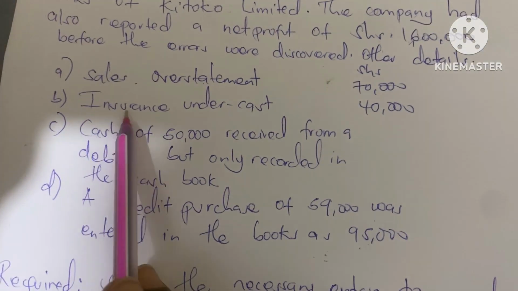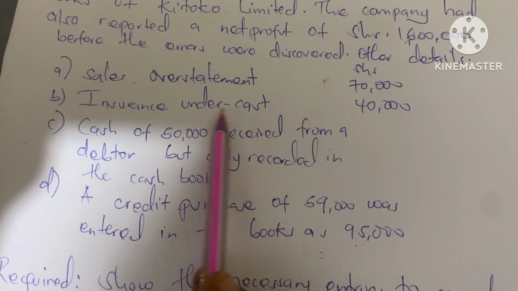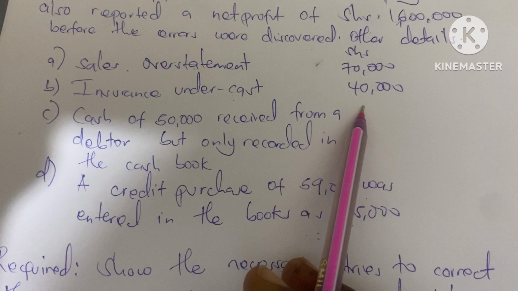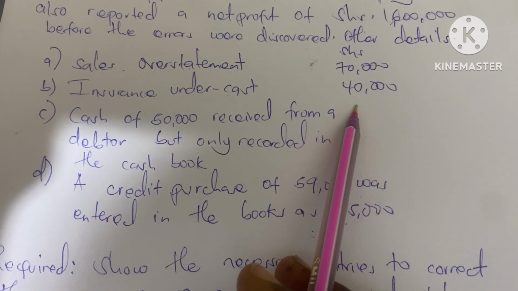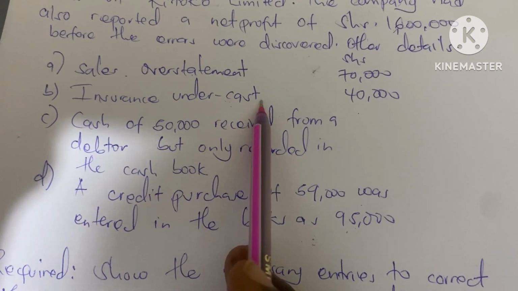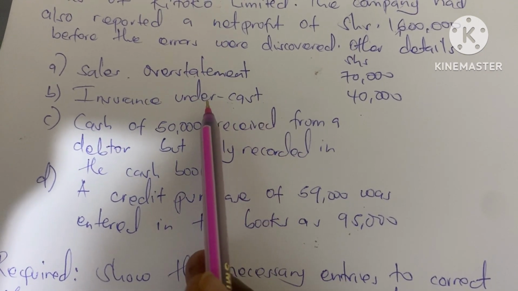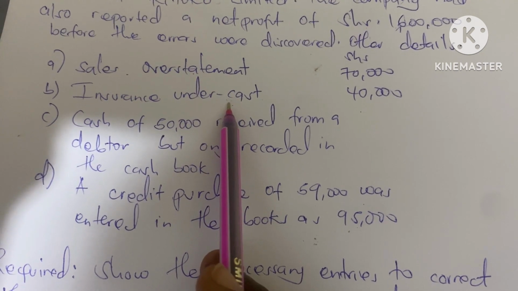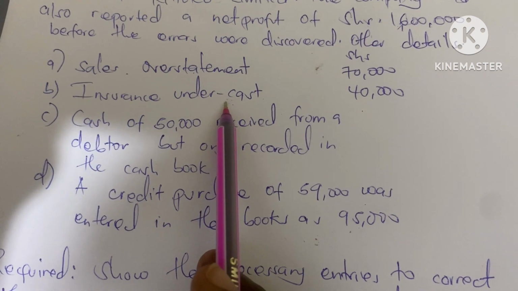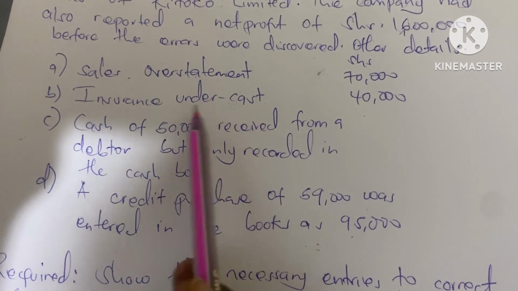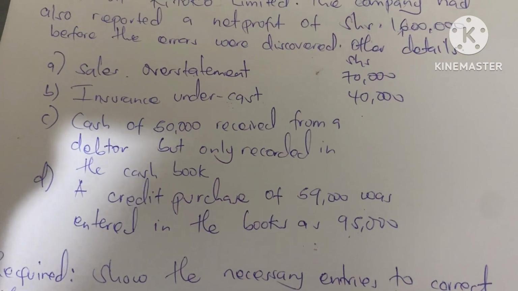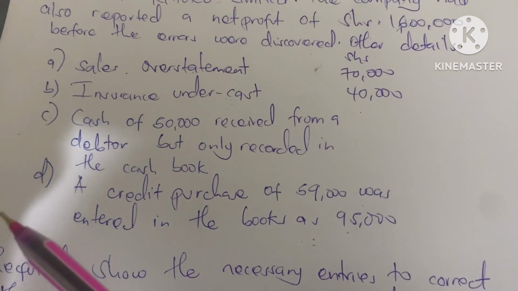Then the second one is insurance understated. Insurance is an expense, and expenses increase by debiting.